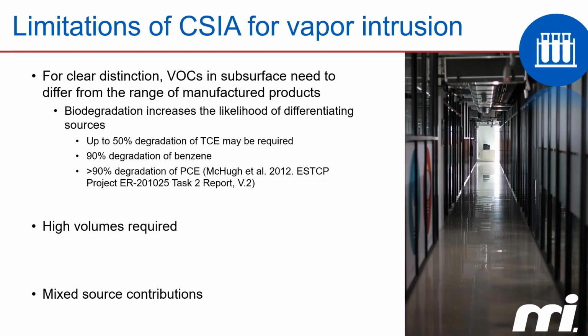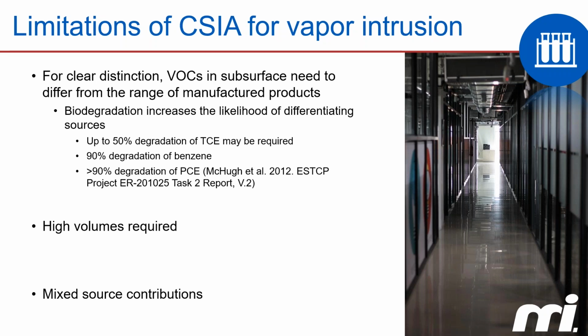So quickly, I always like to highlight some of the limitations of CSIA for vapor intrusion. For some clear distinctions, we need to see a lot of degradation in some cases. And this is kind of the worst case scenario. But for example, for benzene, in the worst case scenario, sometimes we need to see upwards of 90% degradation before we see a clear distinction between that manufactured range and outside that box.